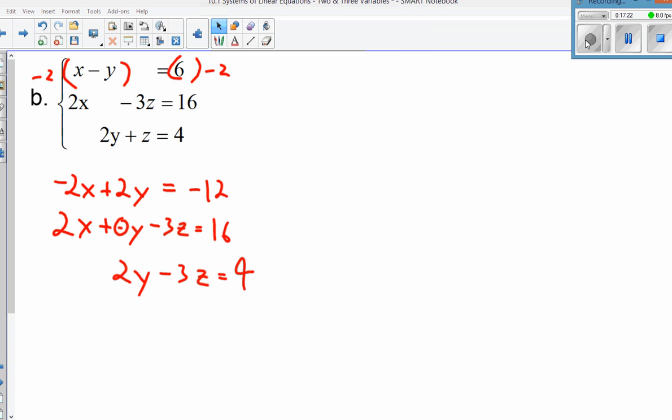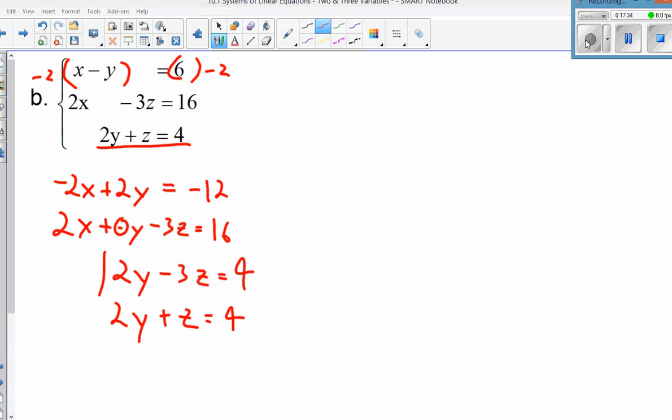Well, what's nice is x is already eliminated here, so I have two equations. I have this one, and I have 2y plus z equals 4. So to solve this one, now I just notice that 2y and 2y are the same, so I'm going to multiply one of them by negative 1.